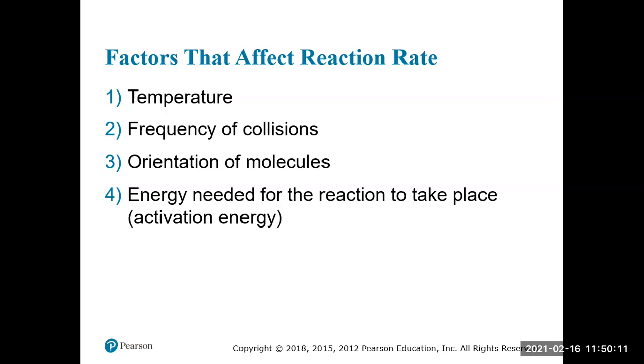And then the final thing is that it takes a certain amount of energy for the reactions to take place. And this leads us to something that we call the activation energy. The activation energy is having the right amount of energy in the system so that the reaction can occur. So do you have enough energy in there to break the bonds?